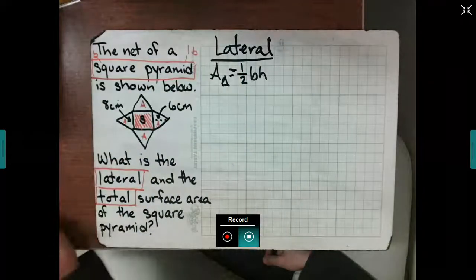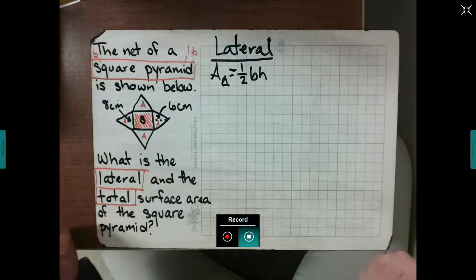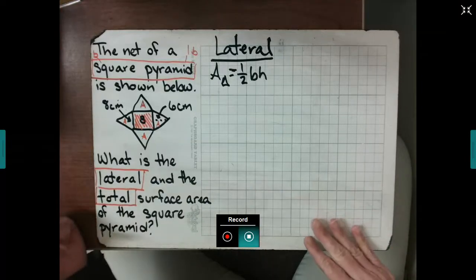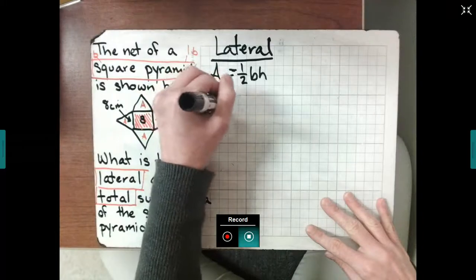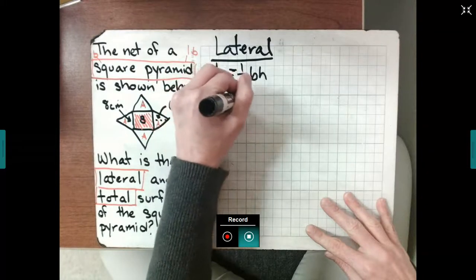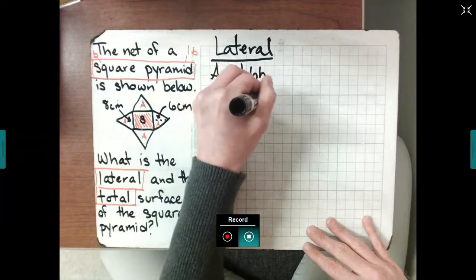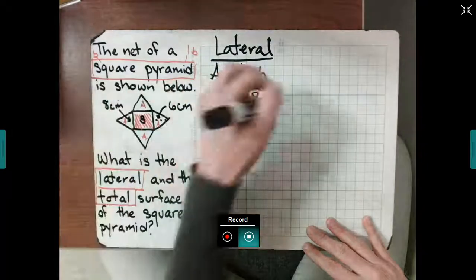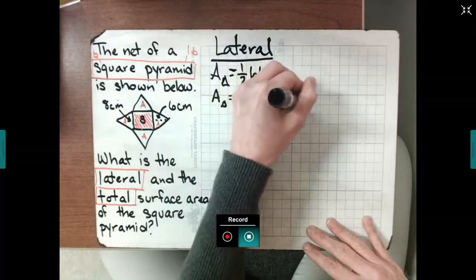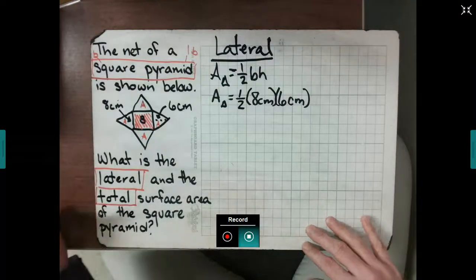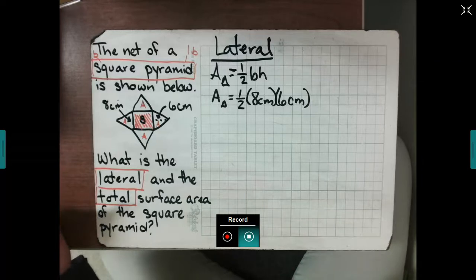So now that I have my formula written, I'm going to replace my letters with the numbers that I know. It's also called plugging in. So my area of a triangle is equal to 1/2. My base is 8 centimeters. And my height is 6 centimeters.